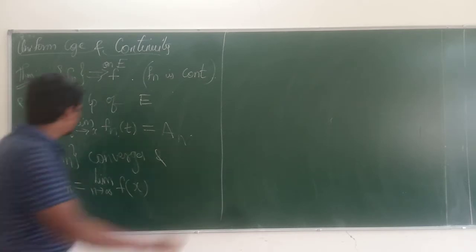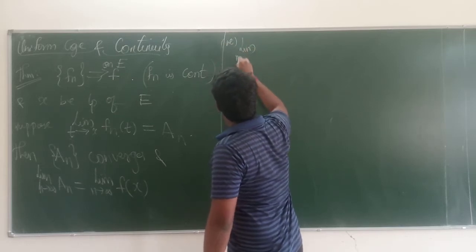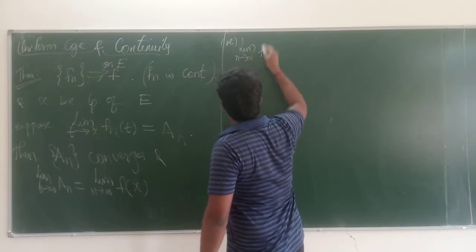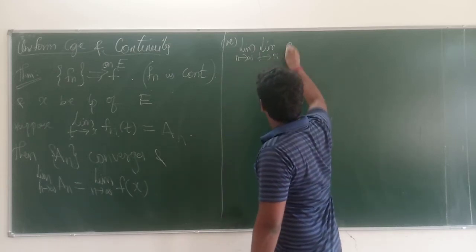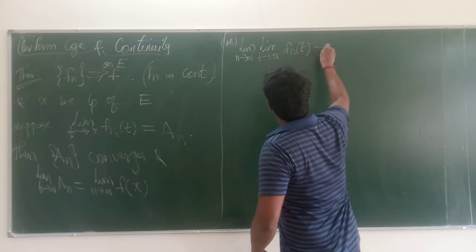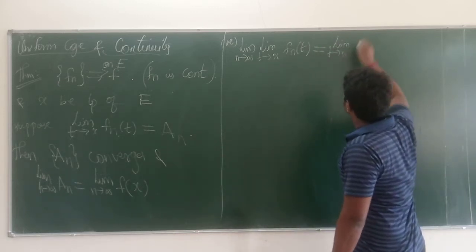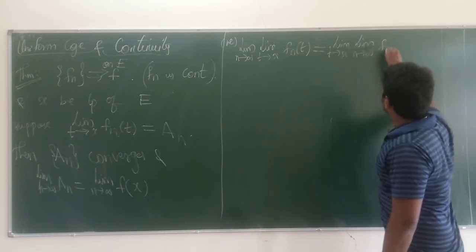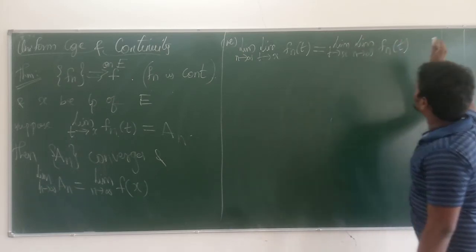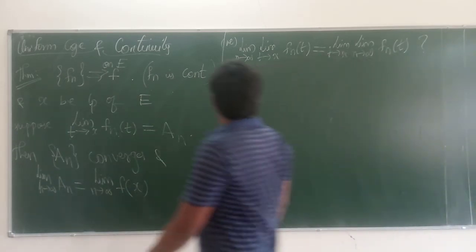That is nothing but limit as n goes to infinity and limit as t goes to x of fn(t) is equal to limit as t goes to x of limit as n goes to infinity of fn(t).